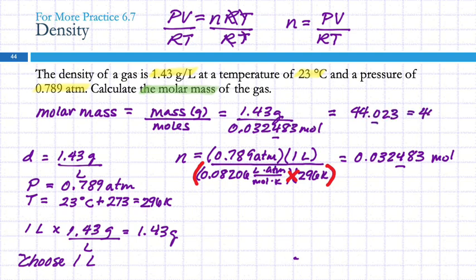No, 44.0 grams per mole is the molar mass of this gas. There's a reason we didn't start with this chapter first. Question?